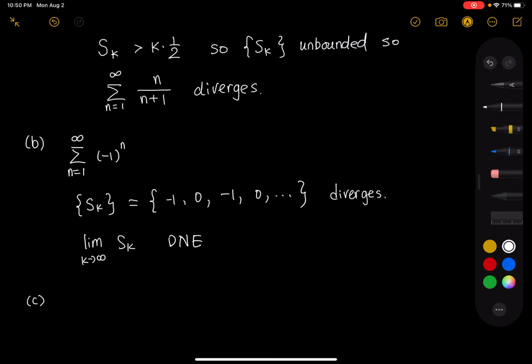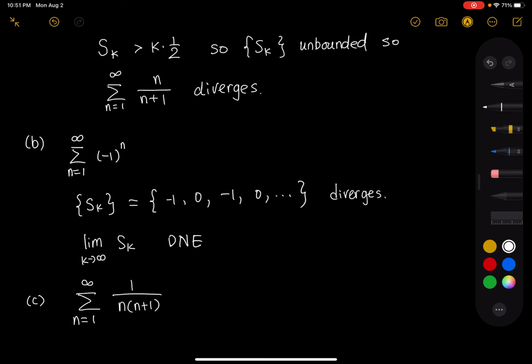Part C, we have this series, n from 1 to infinity, 1 over n times n plus 1. So you can follow the idea in the textbook, right?